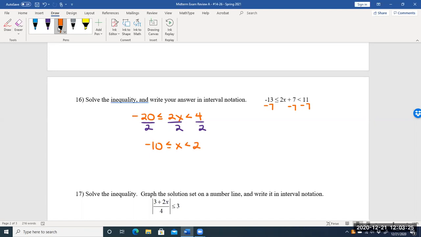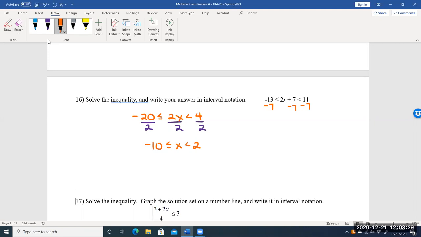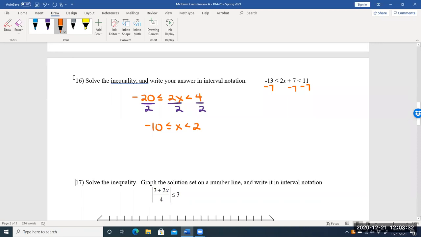Now, three-part inequalities, they're always between the two numbers. I know you see two less than signs, or a less than or equal to sign and a less than sign. It does not mean that we're going to shade left of both of them. This is the same thing as x is greater than or equal to negative 10.